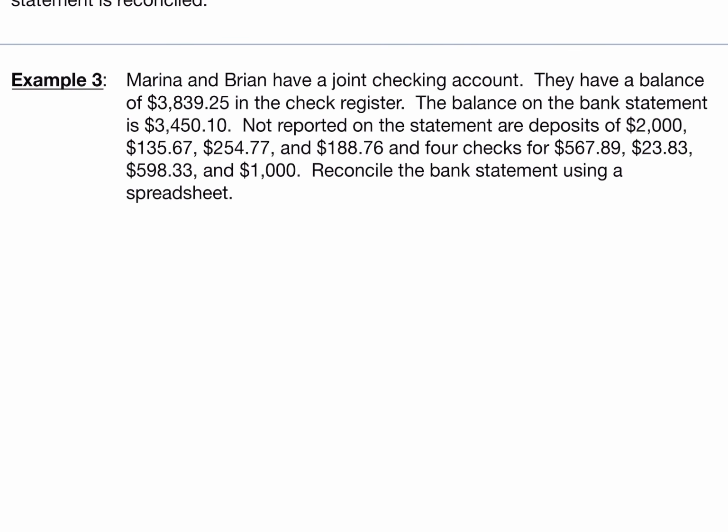Okay, so in example 3, Marina and Brian have a joint checking account. They have a balance of $3,839.25 according to their check register. The balance on the bank statement says that it is $3,450.10. And so here are the differences.